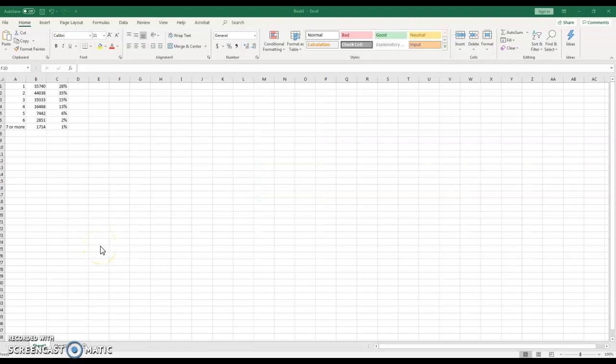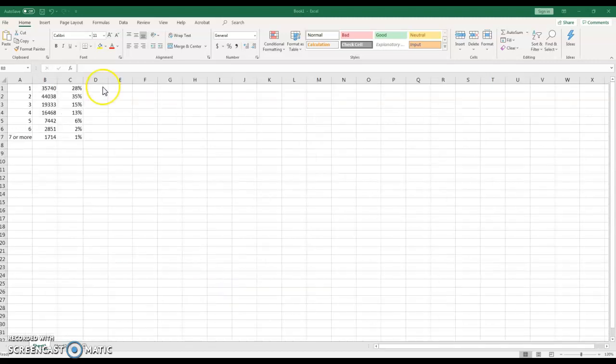Now let's take a look at how we can manipulate these numbers to get our expected value and our standard deviation in Excel. First step is to multiply the discrete value, so the number of people in a household, times the probability of that occurring. And think about what we're doing here. We're essentially saying that there's households that have only 1 person in them, and there's a 28% probability of that occurring.